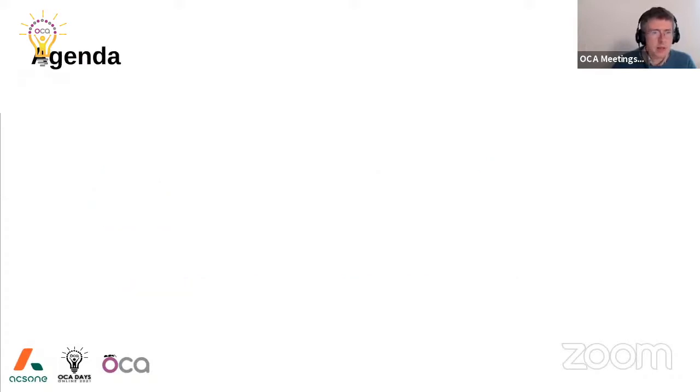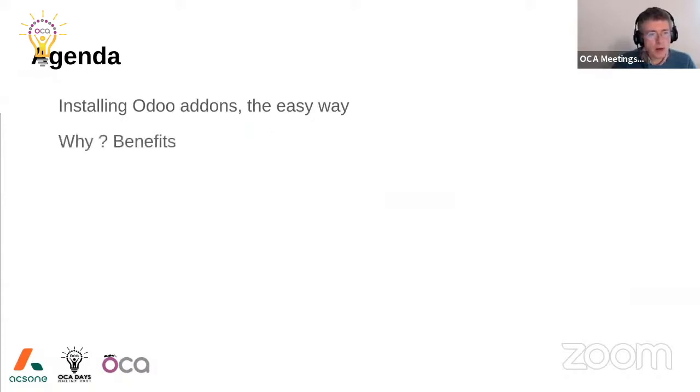I'm easy to find. And so the agenda for today is that I'm going to show how to install Odoo add-ons in a very easy way using pip. I'll discuss a little bit why I consider this a superior approach and the benefits you can get from it, also the benefits we can get as a community.